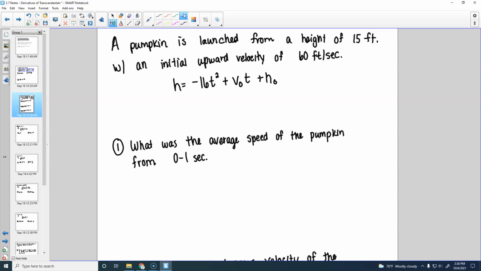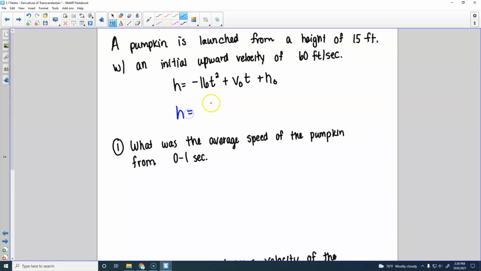So for this, you would do h equals negative 16t squared. The v sub 0 is your initial upward velocity, so you put 60 there. And then your height is 15, so you put 15 there.